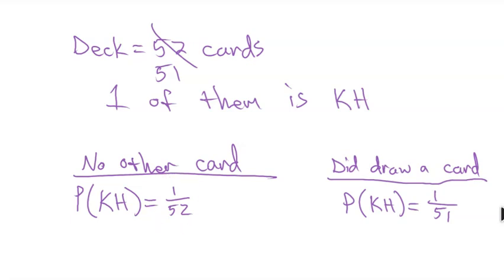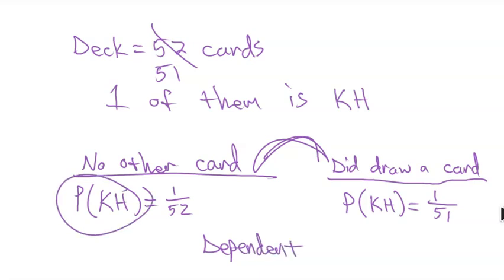And 1 out of 52 and 1 out of 51 are not the same probability. Therefore, these two events are dependent. Why? Because the probability of the same event has changed because I did something else, okay? That's what a dependent event is.